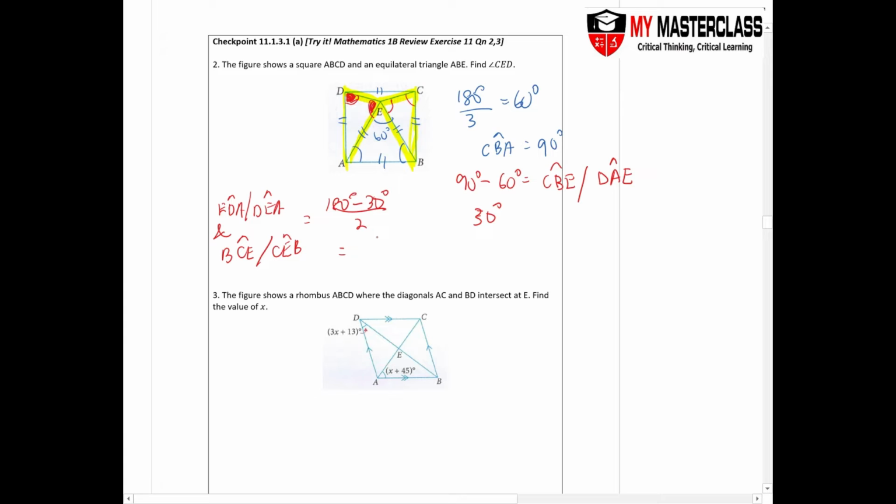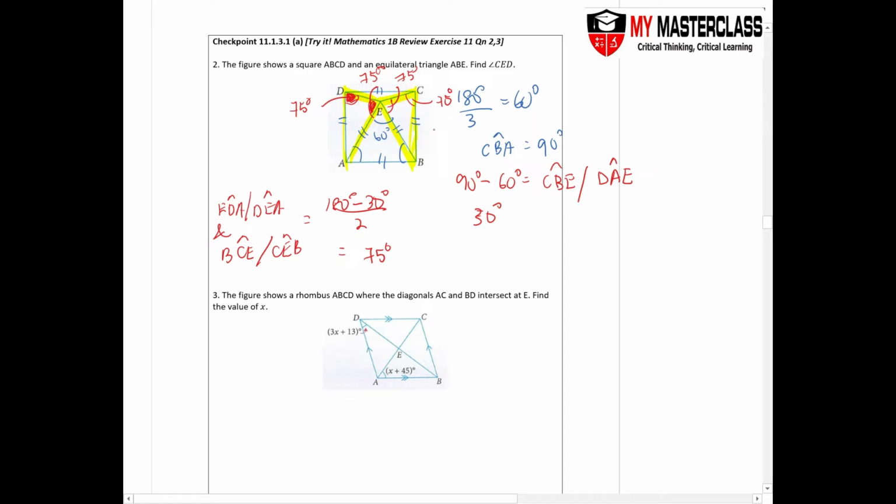Correct? So you would eventually have an answer that gives you 75. So you know that each angle will be 75, and then this is also 75, and this is also 75, this is also 75. Okay, so far so good.